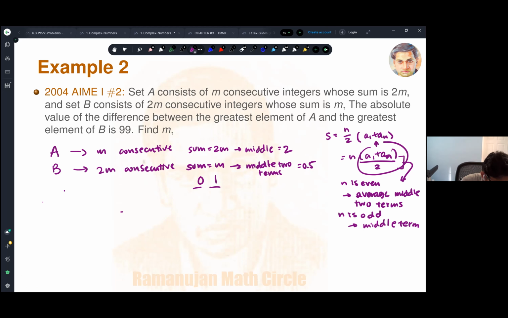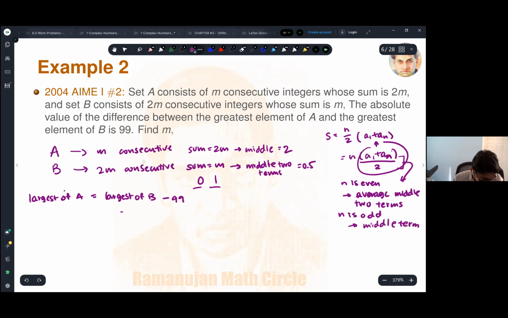One thing we know from here is that the largest number of A is equal to the largest of B minus 99. And the reason is that if you think about it, this is like the middle term, and this is a 1.